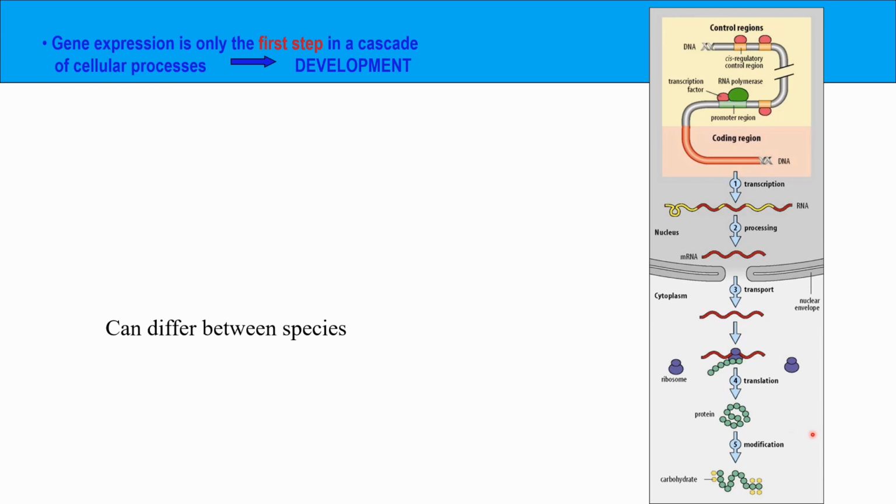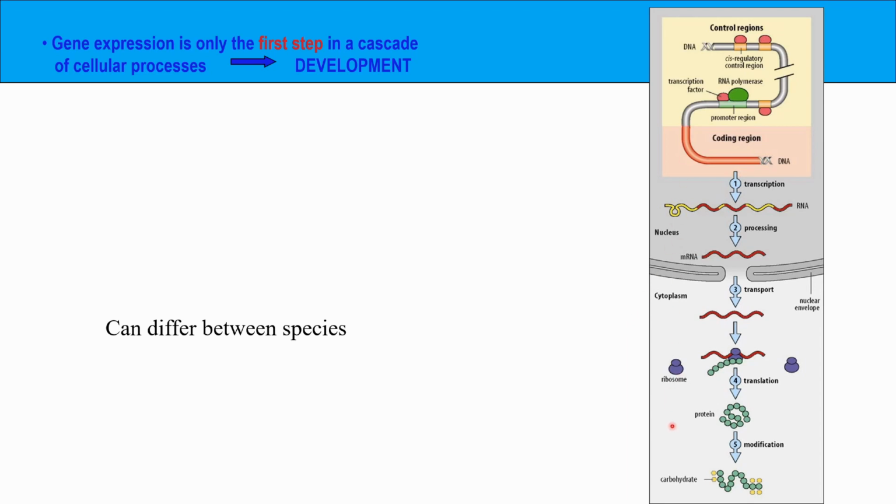So there will be a time delay between switching on the gene and the actual event that the gene wants to happen, if that makes sense. And I want to point out that these times can differ between species, and this is one reason why development takes longer in one organism versus another.